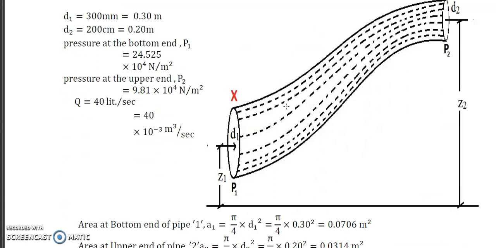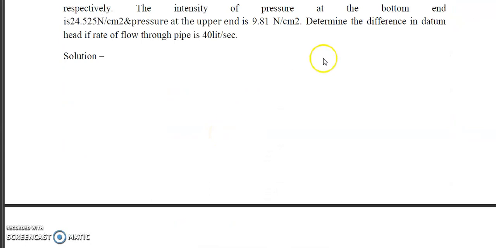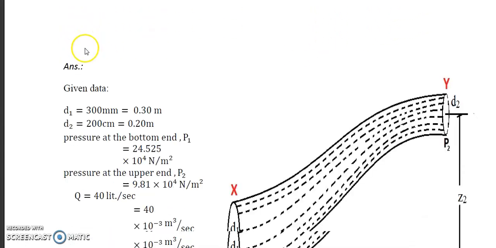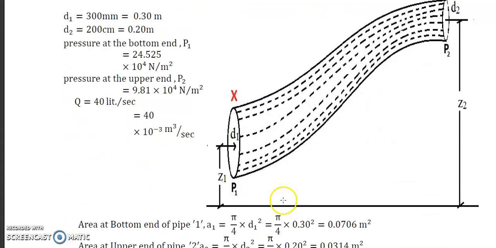So here is the diagram you observe, and this is the bottom end and this is the upper end, and both diameters d1 is 300 mm and d2 is 200 mm, and both end pressures are given, and in this problem you have to calculate the difference in bottom head, means z2 minus z1 you have to calculate, and here rate of flow is given.